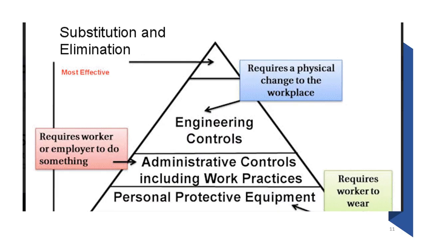Our next level, engineering controls. For bloodborne pathogens, that would be our needle-safe devices. For airborne droplet diseases, we're going to talk about ventilation in our vehicles. The next level, administrative controls and work practices: education and training, your exposure control plan, your SOPs for your department.